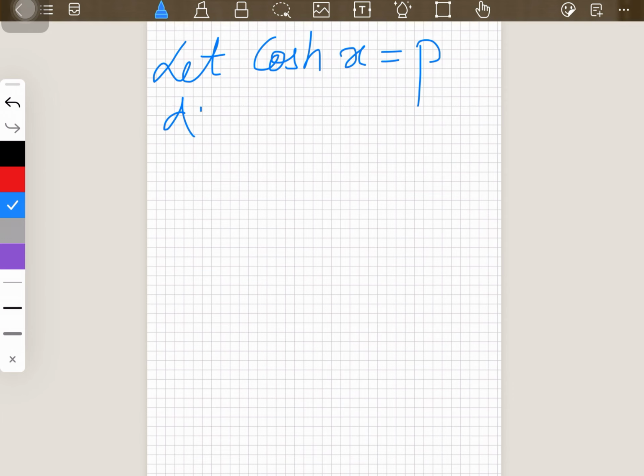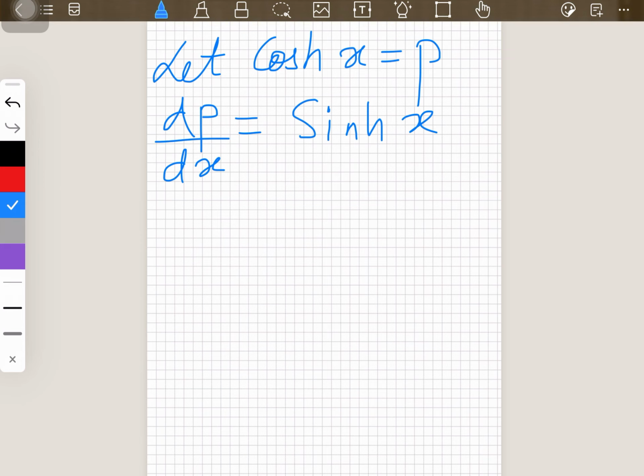So let's differentiate p with respect to x, and we will have sinh x. If it were normal trigonometric function cos x, then the derivative would have been minus sine x, but since this is hyperbolic, the rule is a bit different. So we get sinh x.